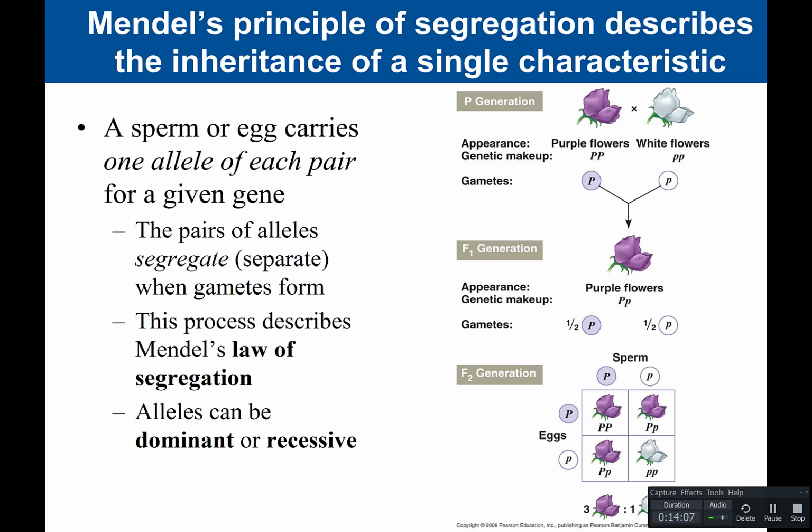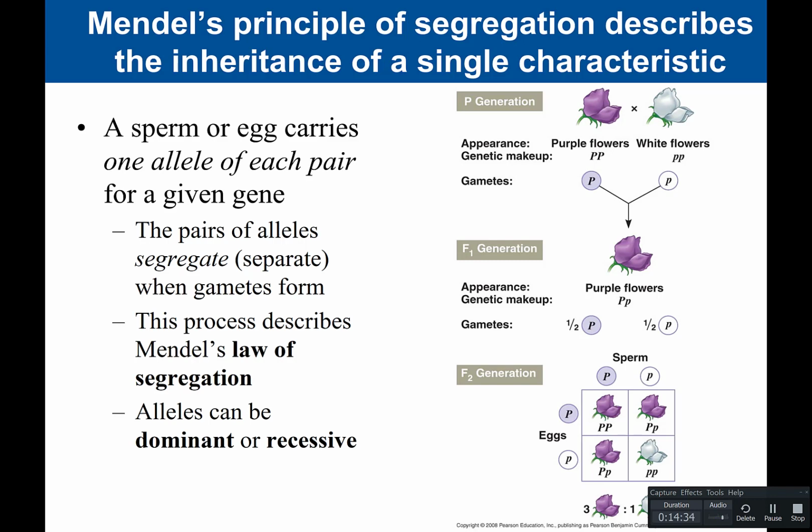When those gametes fuse during fertilization, and they restore diploid number, now the offspring are going to be big P, little p. That will give us a phenotype, which you'll see in a minute, a phenotype of purple flower plants. They will appear purple because the presence of the big P, the dominant allele, is going to give us purple plants.